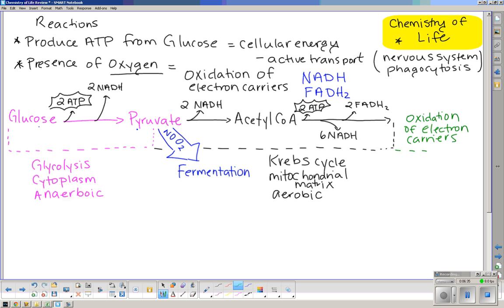And this happens in what we abbreviate as ETC, or electron transport chain. This electron transport chain is embedded in the membrane, the folding membrane of the mitochondria. So it occurs in the intermembrane space.